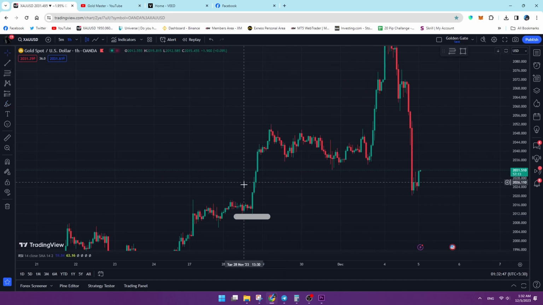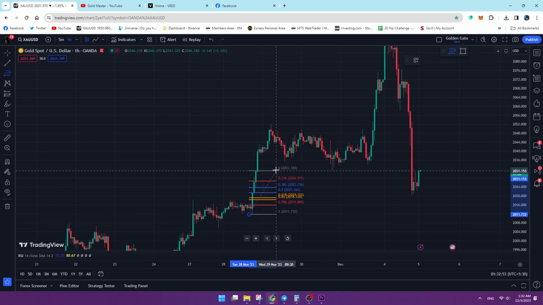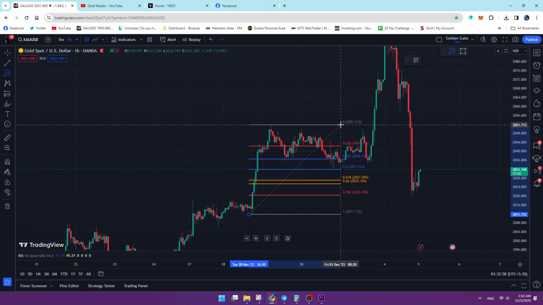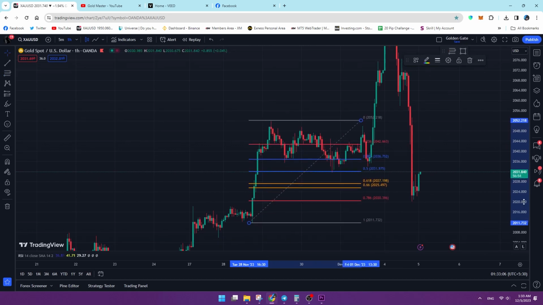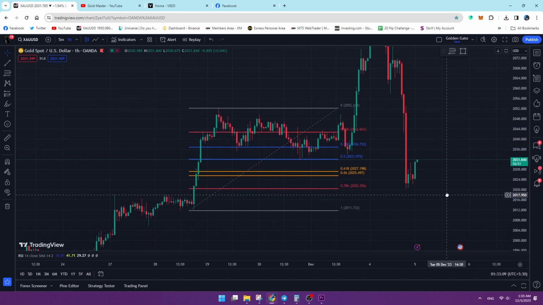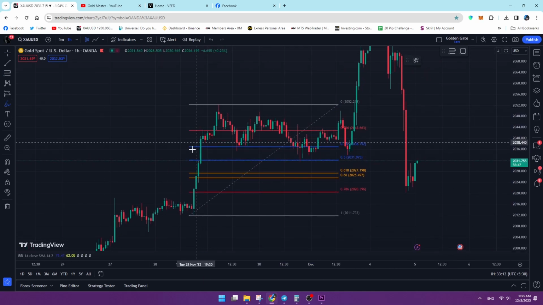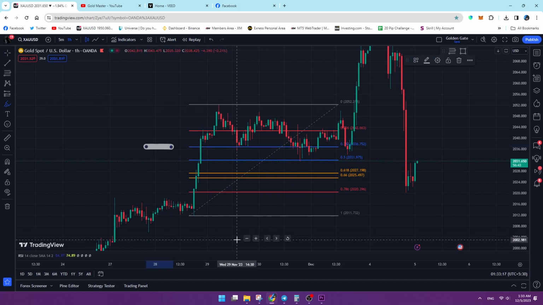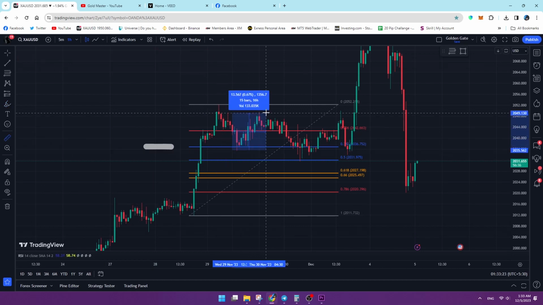I'm applying the Fibonacci. Now you can see, first price has bounced from the 0.382 level and run up 140 pips.